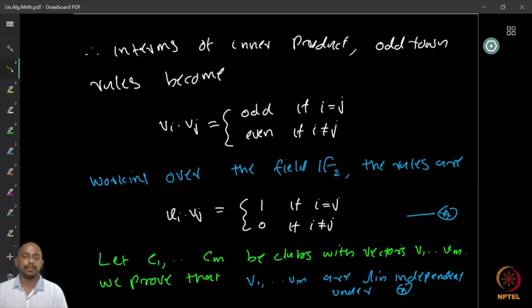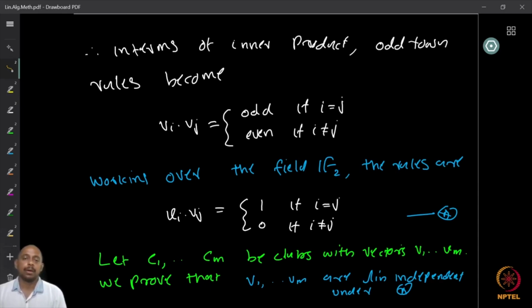Wherever the member is present, it will be 1, so for each member I get a 1. Therefore it counts the number of members. Because a club has an odd number of members, the sum will be an odd number. So if i is equal to j, vi dot vj is odd. On the other hand, if i and j are distinct, then the common members are always even by rule 2. So we want the dot product to be even: vi dot vj is even if i is distinct from j.